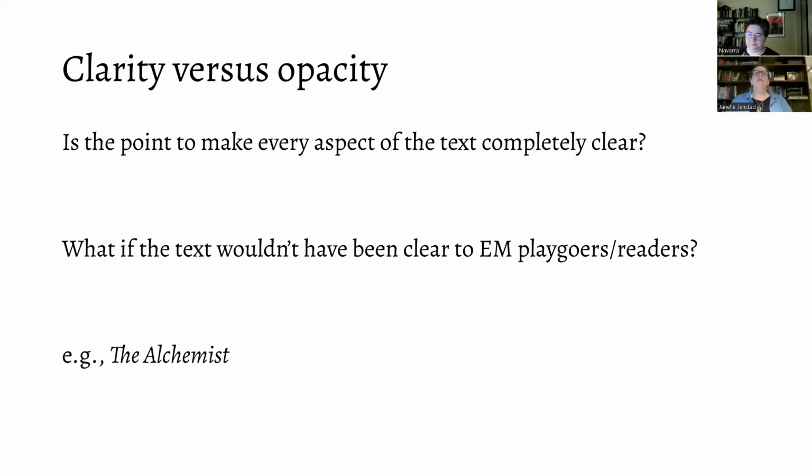And yet, a lot of editorial guidance suggests that we have to make every aspect of the text completely clear. Do we really need to make every aspect of a text completely clear to a modern reader if it would not have been clear to early modern playgoers or readers?